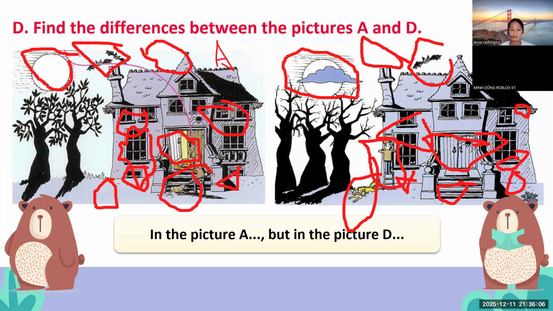Oh, okay. Look there. In picture A, there are no clouds that cover the moon.